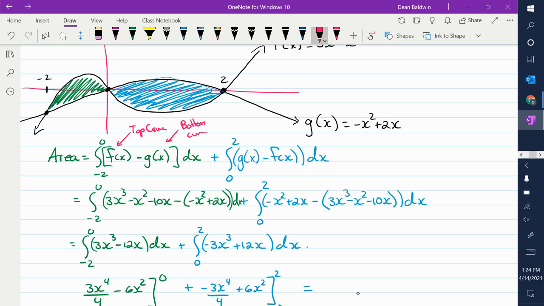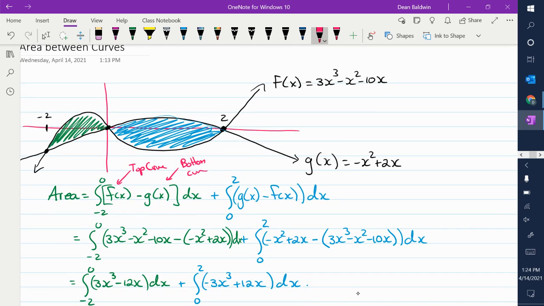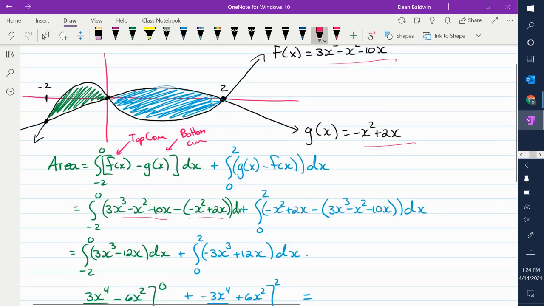So the top curve in the green part is f of x, right? And you're subtracting the bottom curve, which is g of x. So then I just punched in those functions. Does that make sense? Okay.